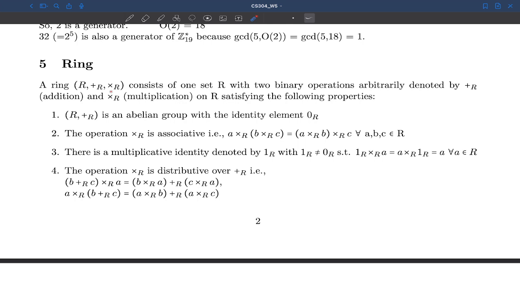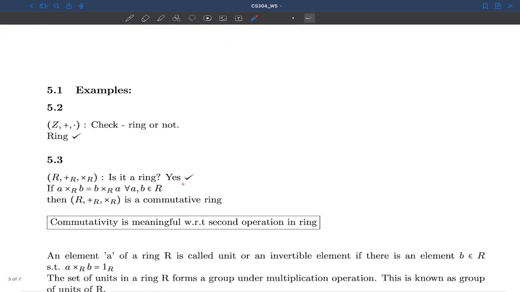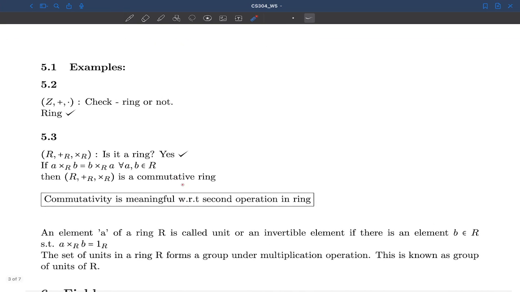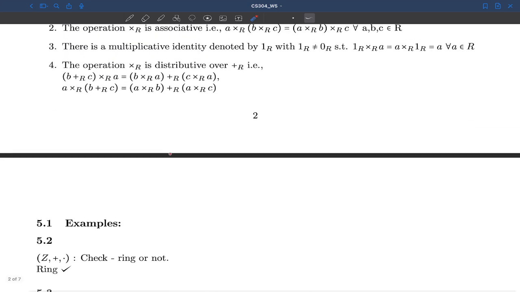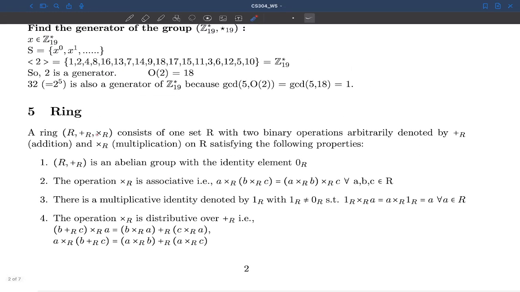Why? With respect to the second operator, if it's not multiplication but some other operator, there can be some elements which are not invertible. Now what's stopping the second operator from being a group? Here we have included that with respect to the second operator it should be associative.